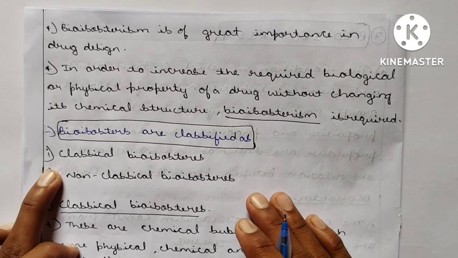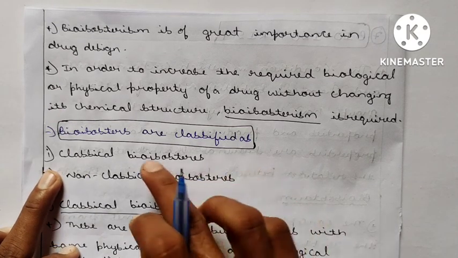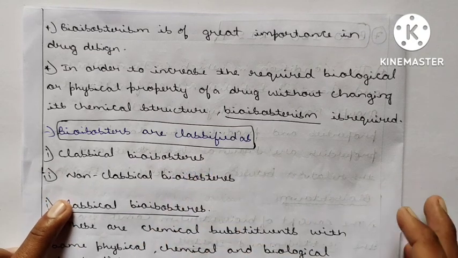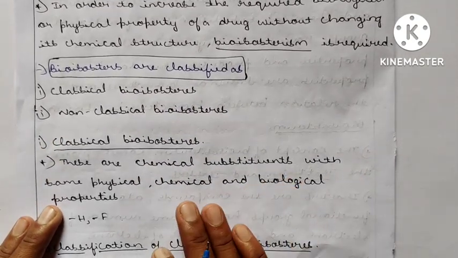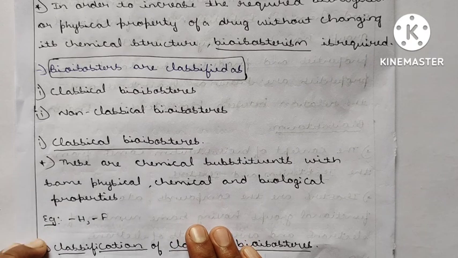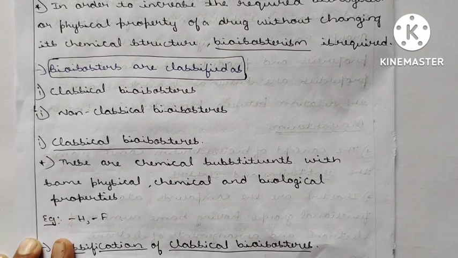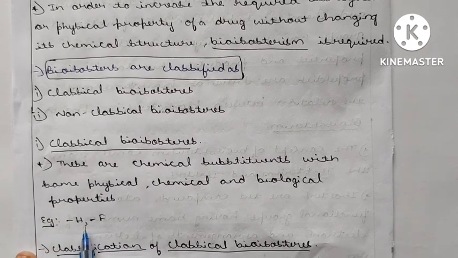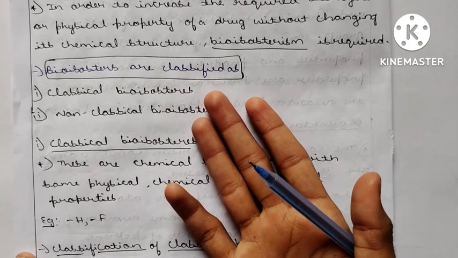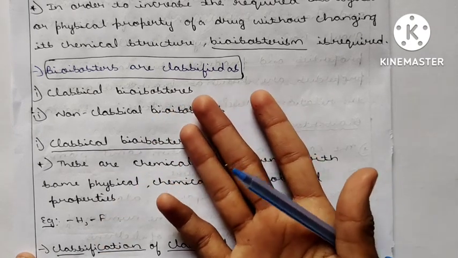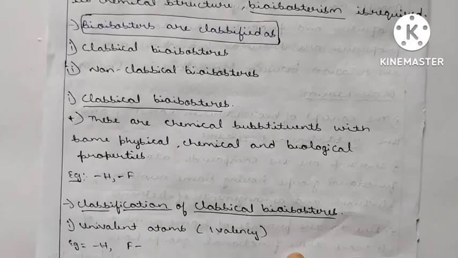Then these bioisosters are classified as classical bioisosters and non-classical. Classical means chemical substituents with the same physical, chemical and biological properties, like H and F. Hydrogen and fluorine both have valency 1, so their physical, chemical properties and uses are the same.